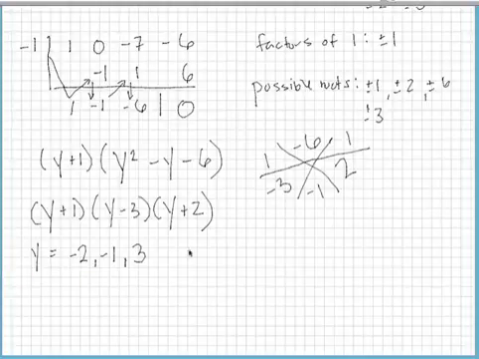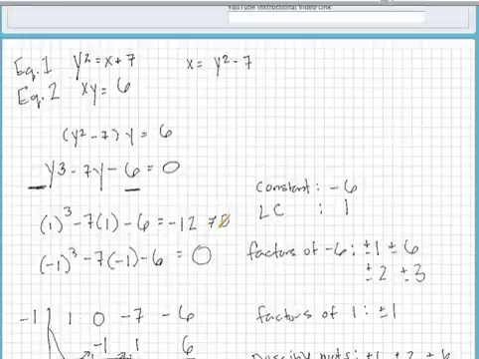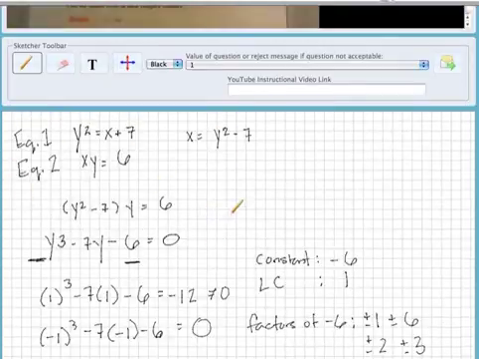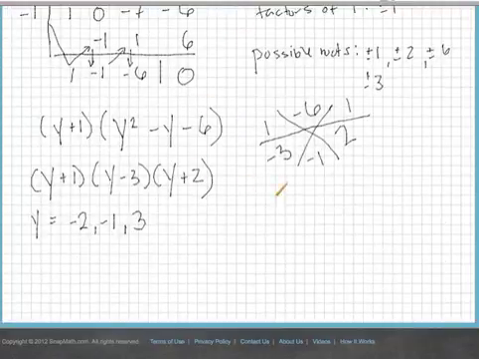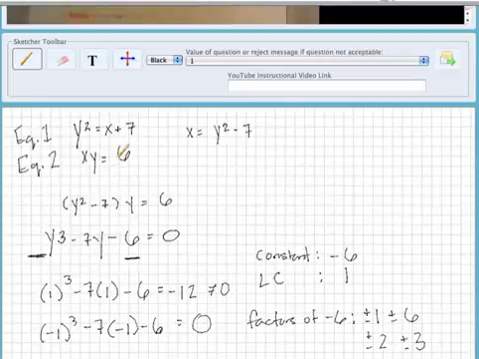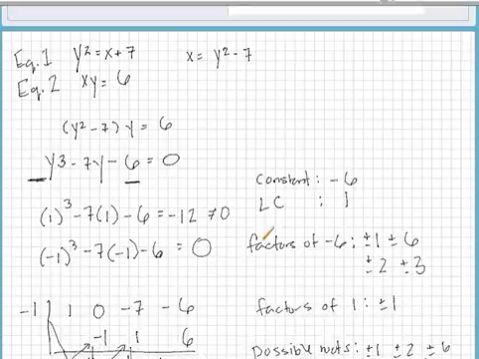I'm going to take these values for y, insert them in whatever equation's easier to deal with, and solve for x. I think the easier equation personally is equation 2, x times y equals 6.